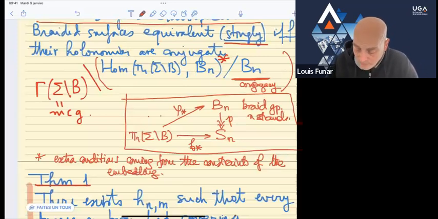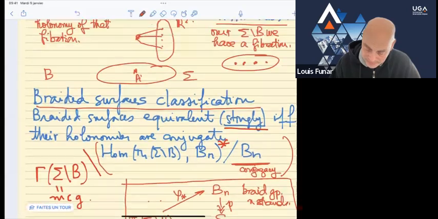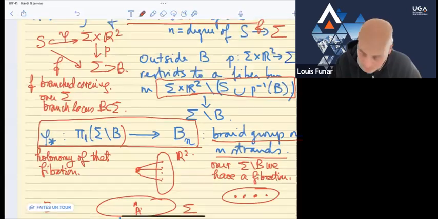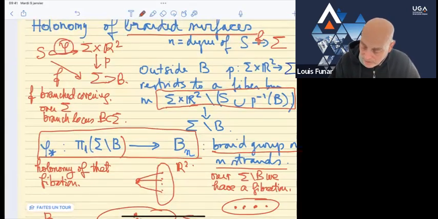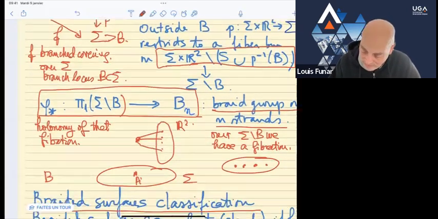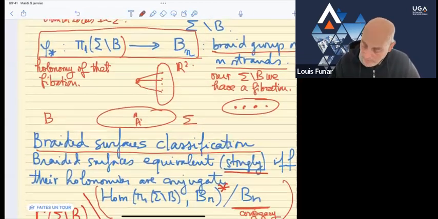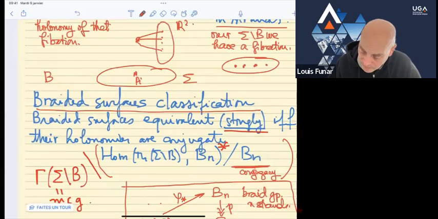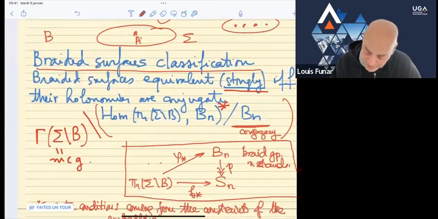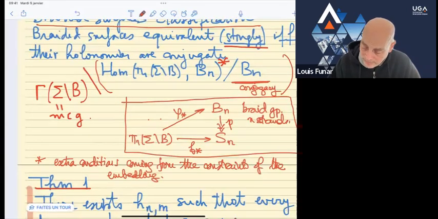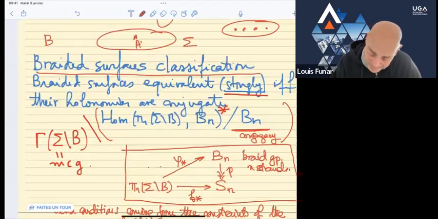We would like to have, for instance, smooth surfaces. So our phi from the very beginning, I recall it's here, can be a smooth embedding, but it can be a PL locally flat embedding and so on, or just a topological one. And I will say a little bit later which are the restrictions on the holonomy around these points.